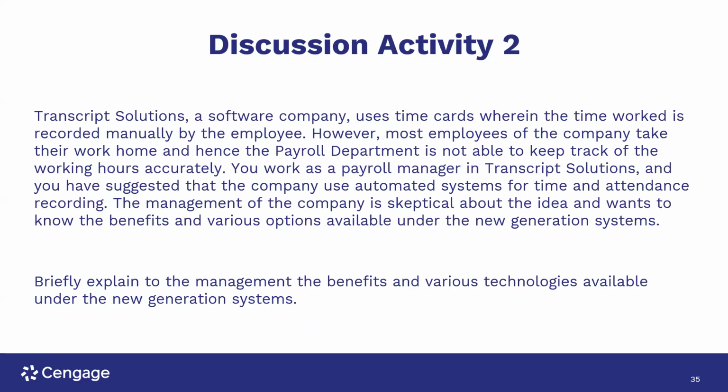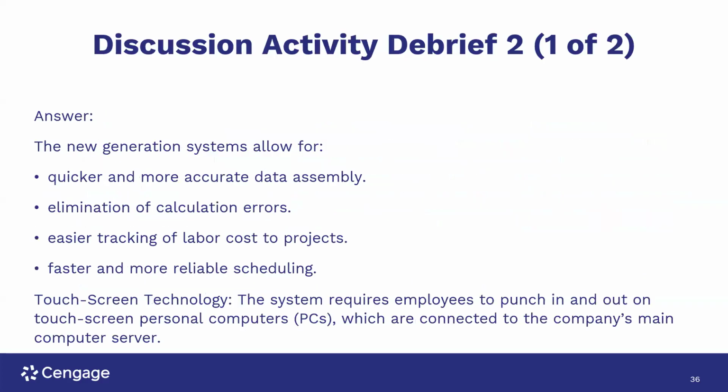And in this discussion activity, we're taking a look at transcript solutions, and they use time cards to record time worked by the employee. However, most of the employees take their work home, and the payroll department is not really able to keep track of those working hours correctly. So we're going to come up with some automated systems for time and attendance recording that could accommodate these outside of work hours documentation, and then discuss the various systems available.